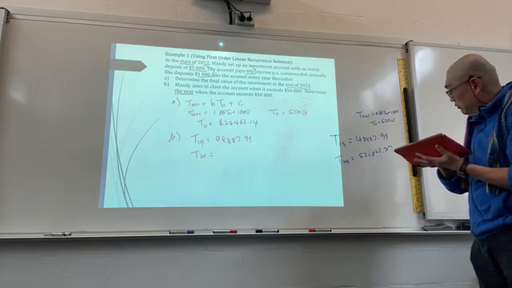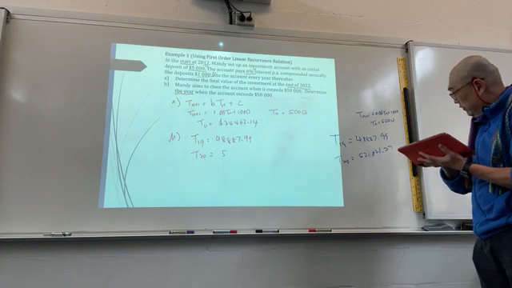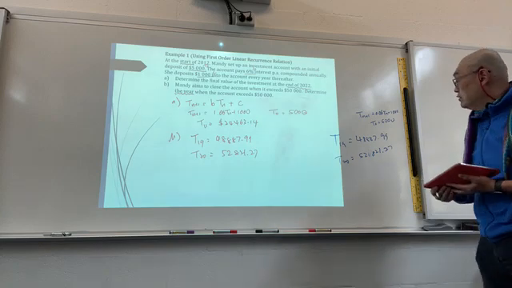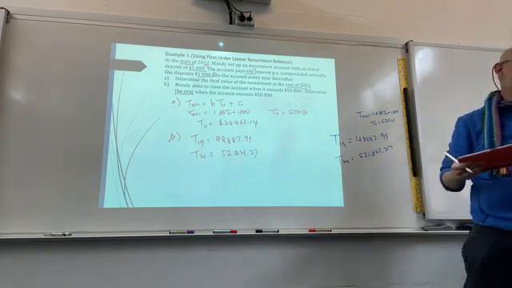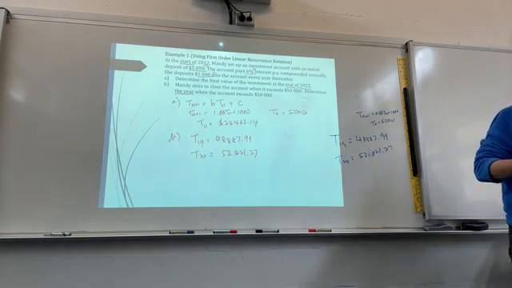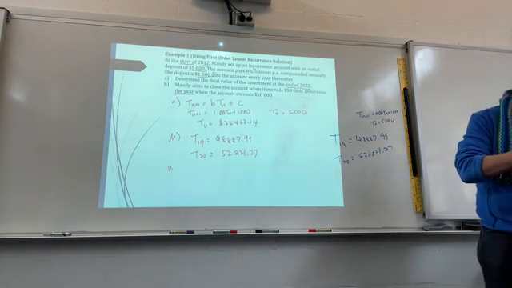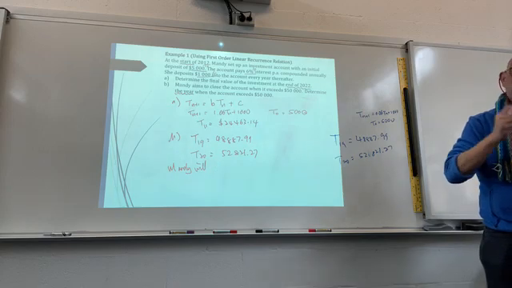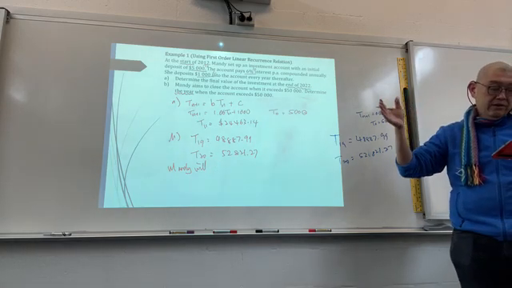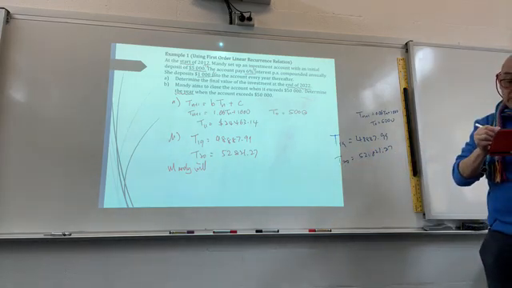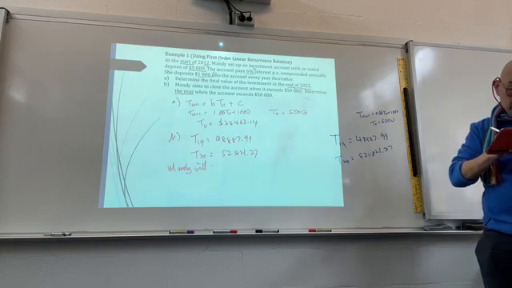T20 equals 52821.27. So in the 20th year, it will exceed 50,000, which means Mandy will close the account at the end of the 19th year. It's 48887.99. So in the 20th year, Mandy will close the account.